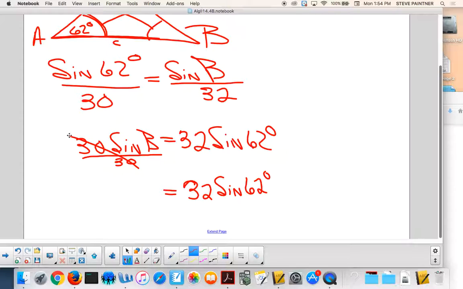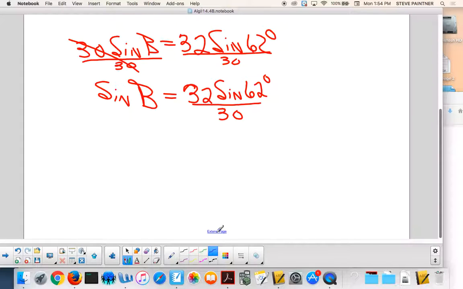After cross multiplying, I divide by 30, and I get this equals sine of B. Okay, that's sine of B, but we don't want sine of B, we just want angle B. What now? Inverse sine, to knock out sine.